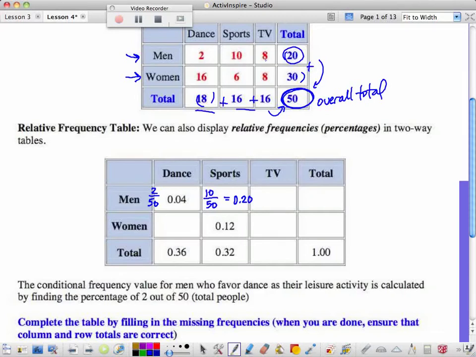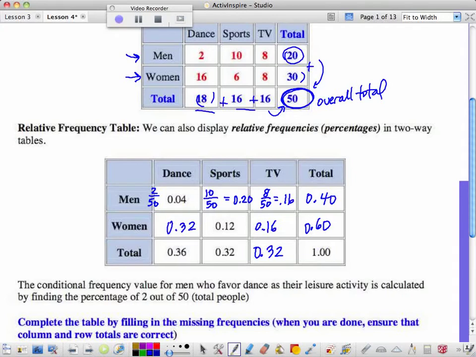8 out of 50, double it, so that's 0.16. There's an 8 here, which is 0.16 here. Here this is 0.32 because it's a 16, and here it's 0.32 because it's a 16. I'm just doubling all of these. This is 0.6. This is 0.4. And when I add down, 0.4 plus 0.6, does it equal 1.0?